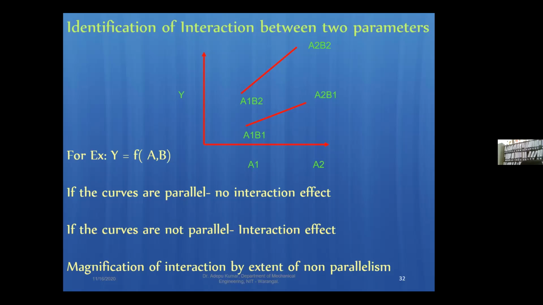Then one day you may get a doubt: sir, if I consider the interaction between A and B, it is not possible, because L9 doesn't have any interactions. So without knowing the layout you are using for your experimentation, you are held up without interactions.